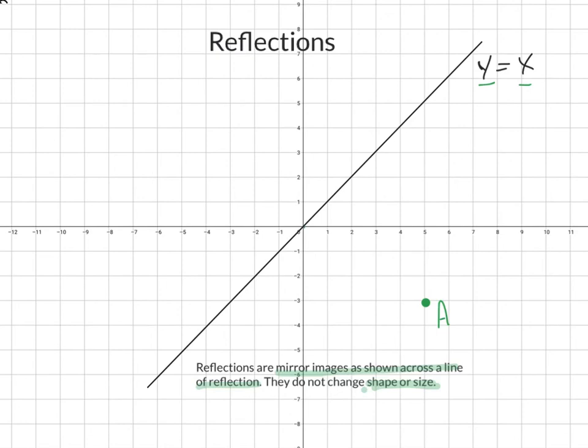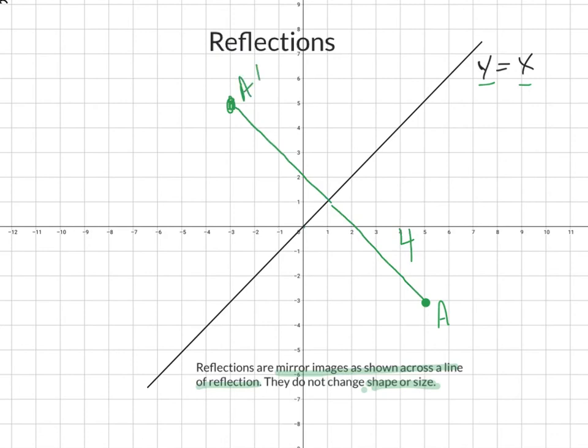Now, we want to reflect point A across line XY, and what we're going to do is take a look at how many spaces away from the line of reflection point A is. I see I can go diagonally an even number of spaces. It looks like 1, 2, 3, 4 spaces away from my line of reflection. So I could go 1, 2, 3, 4 spaces across and get to A prime.